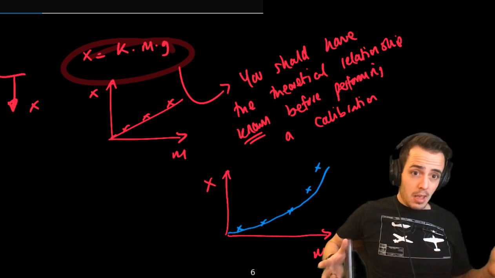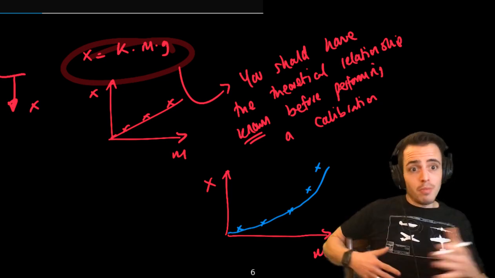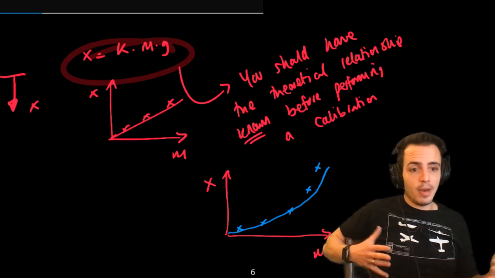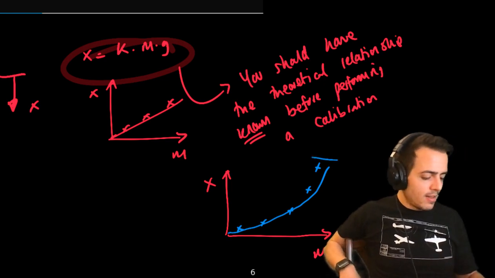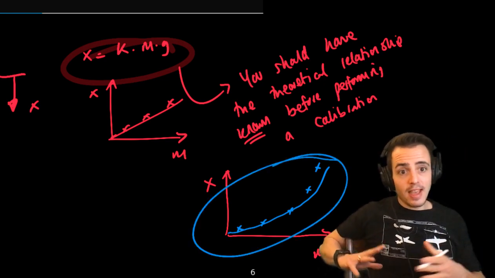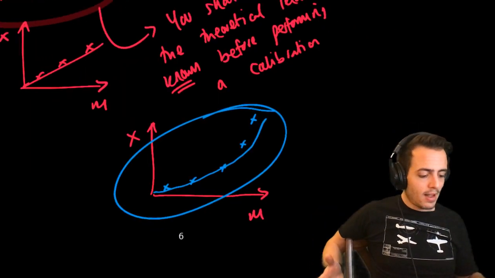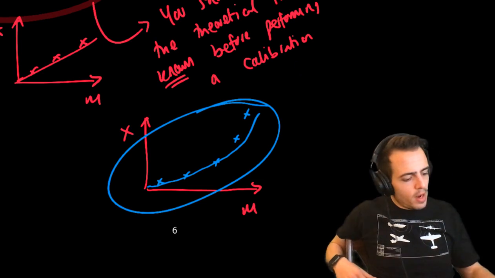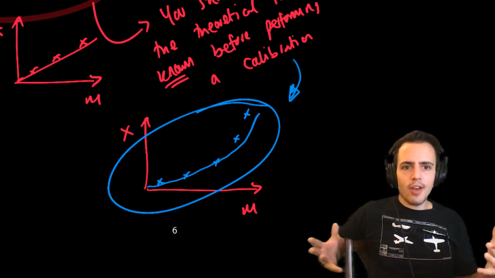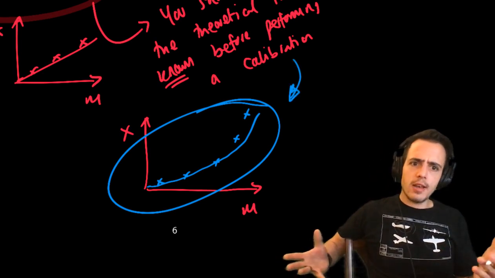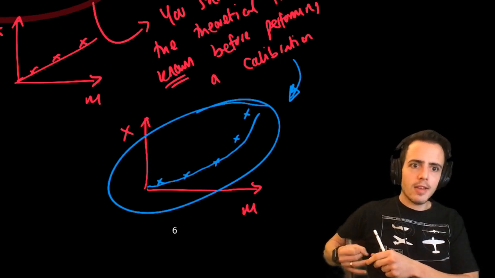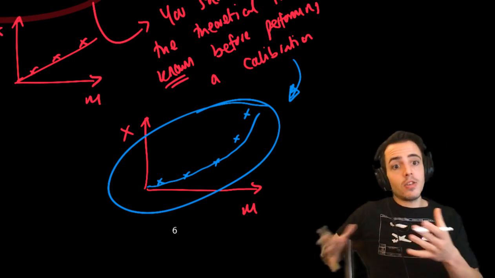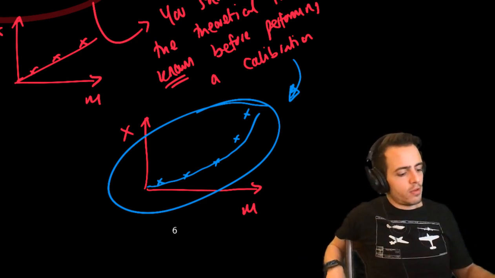What's probably happening is I've gone beyond the elastic limit of this device. But fundamentally, if we've got any relationship that is discordant with what we expect, and we can see this as we're starting a calibration, we can then know, actually, I shouldn't carry on with this experiment, or I should check to see if I've got a power lead unplugged, if I've got the supply voltage correct, or if I'm maybe saturating my analog to digital converter.